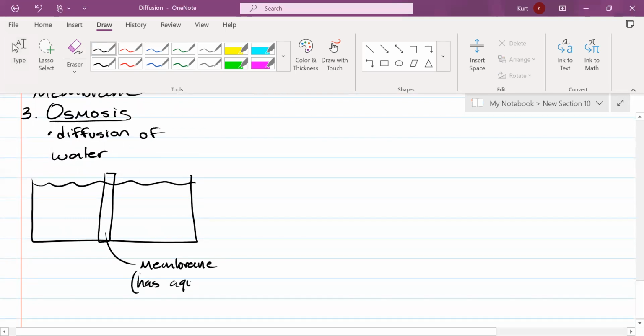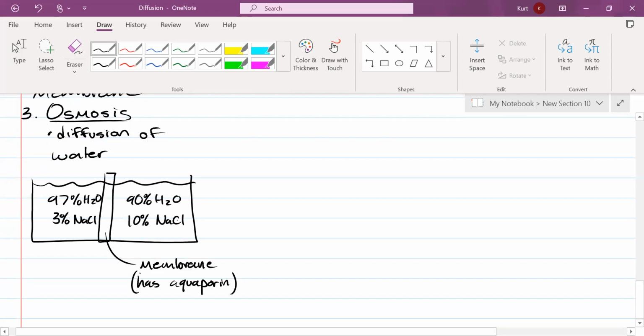An aquaporin is a protein channel that allows water to go through. We have 97% H2O here, and 3% sodium chloride, which is table salt. And over on the right side, we have 90% H2O and 10% sodium chloride.